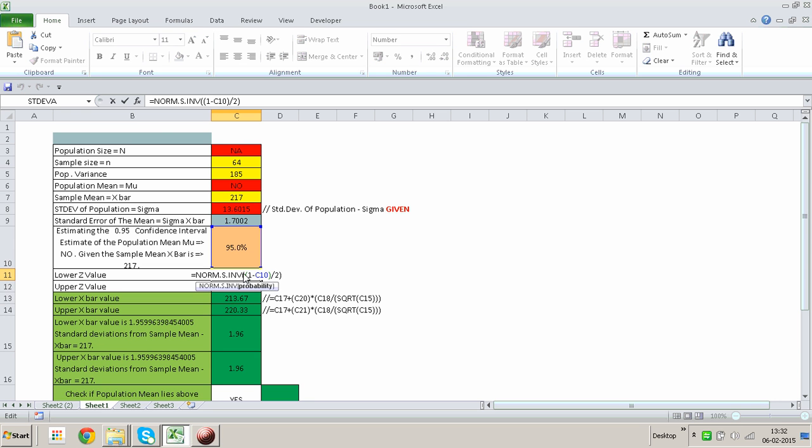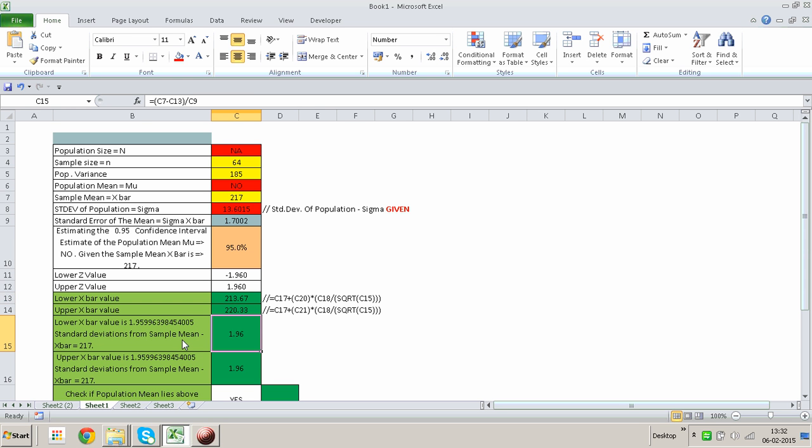We use norm inverse, which I've already explained in my earlier videos, and we get the lower Z value and the upper Z value, and using this formula, we get the lower X bar and the upper X bar values.